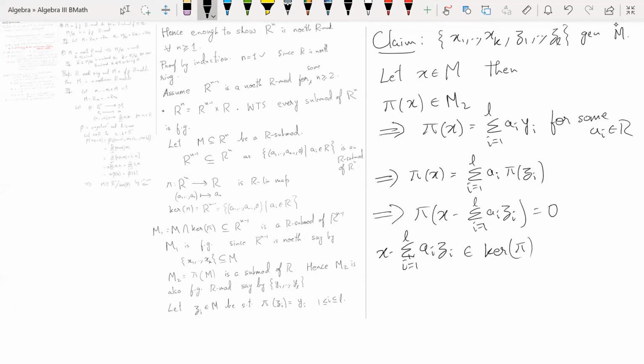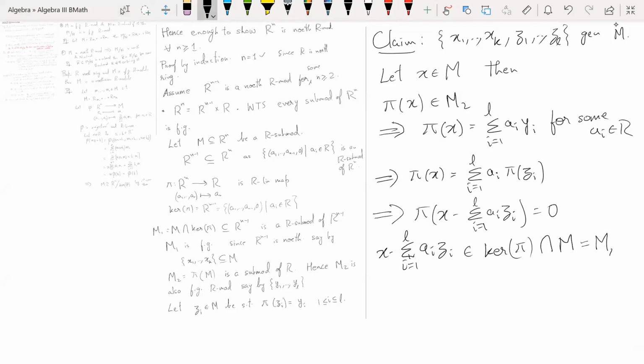And note that x is an element of M, and the zi's are also elements of M, and the ai's are elements of R. So an element of M minus an element of M is again in M. So it's not just in the kernel of pi; it's also in M. So it's in the intersection, and that precisely is M1. And M1 was finitely generated, so that's it.